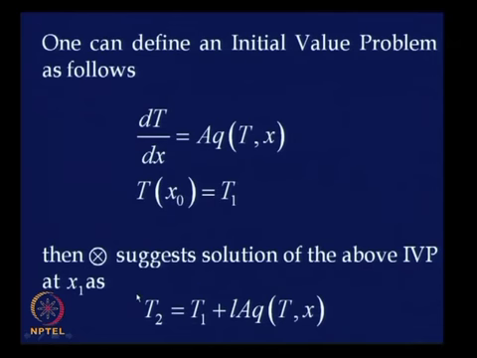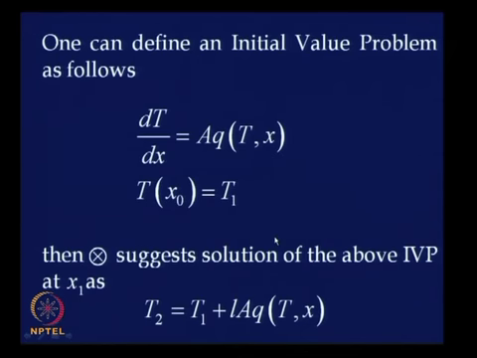This is a solution of the initial value problem. If you generalize, one would expect T3 is T2 plus something, and similarly, a general T(n+1) is T(n) plus some incremental term.